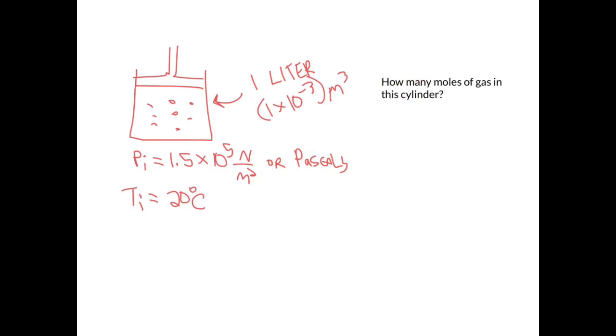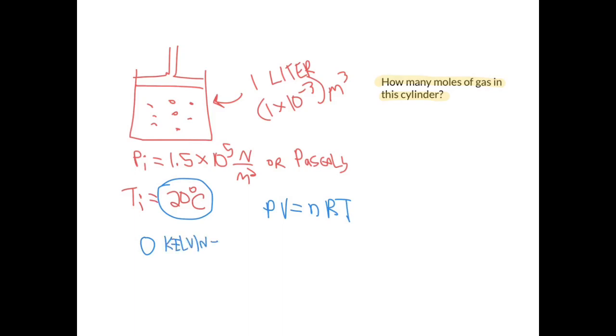So we want to know how many moles of gas are in this cylinder. We're going to use the equation that we just talked about, PV equals nRT. First we need to deal with the temperature, because remember, it needs to be in Kelvin. Right now it's in Celsius.